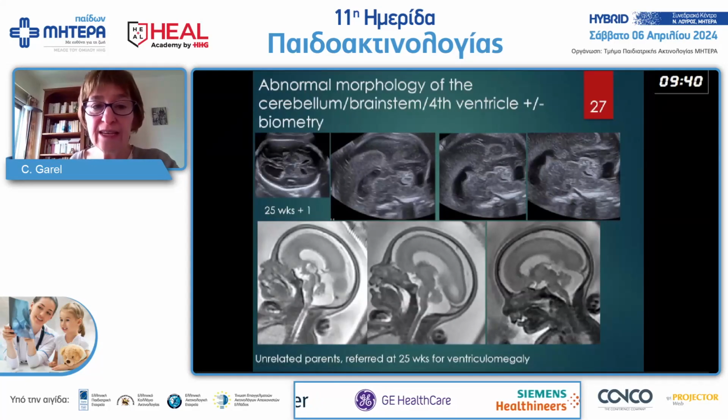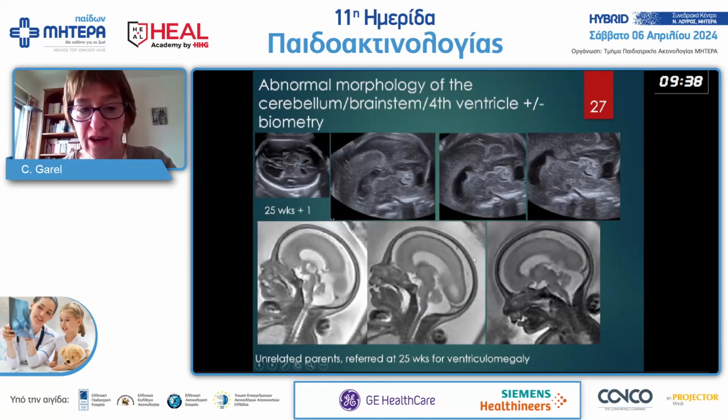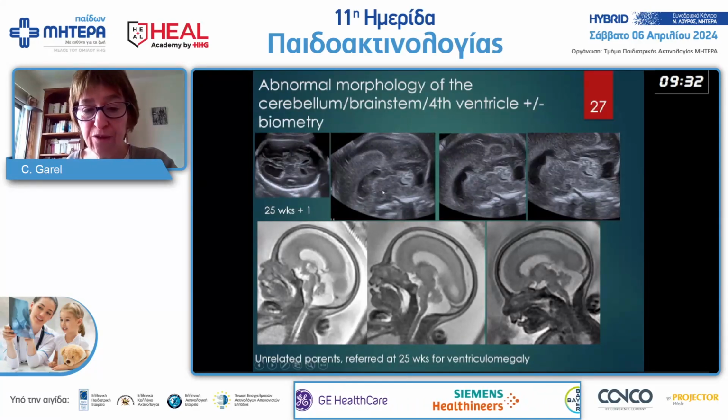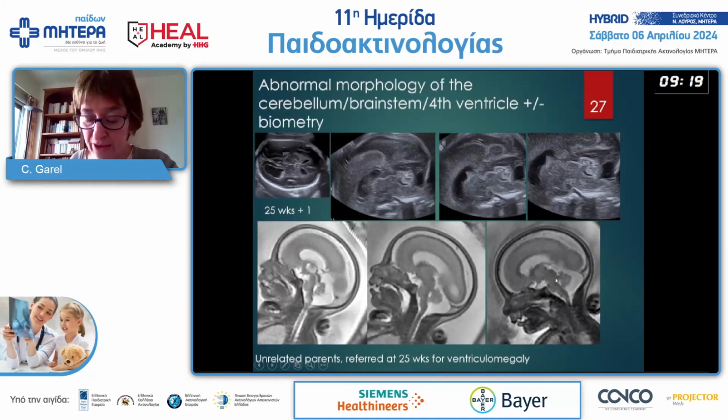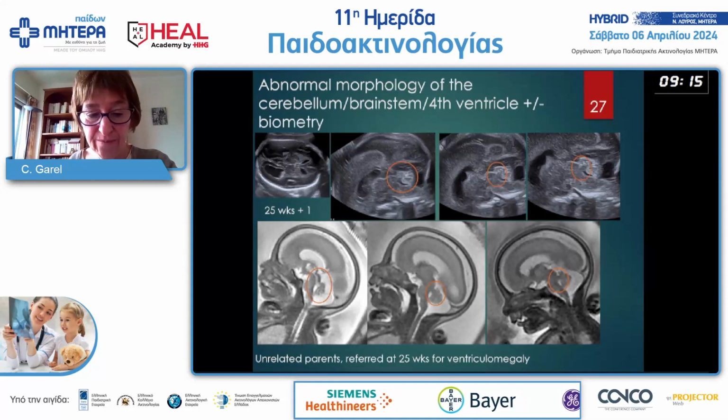Here is another case of abnormal morphology of the cerebellum and the brainstem with also abnormal fourth ventricle. And you notice that on parasagittal view, you see here thickening and horizontalization of the superior cerebellar peduncles. And you have recognized the molar tooth sign here.